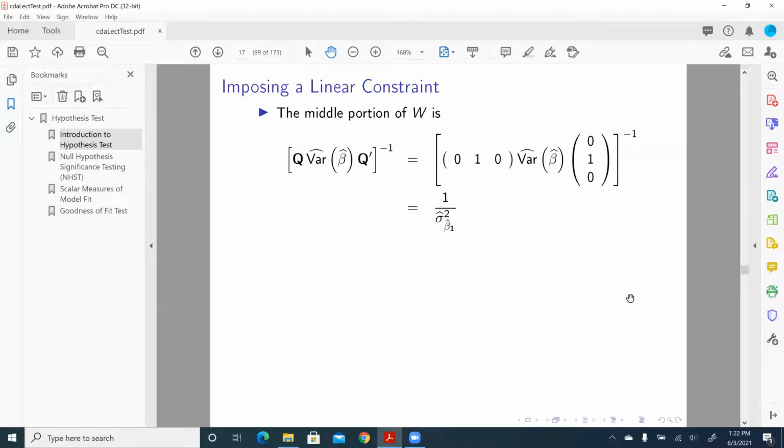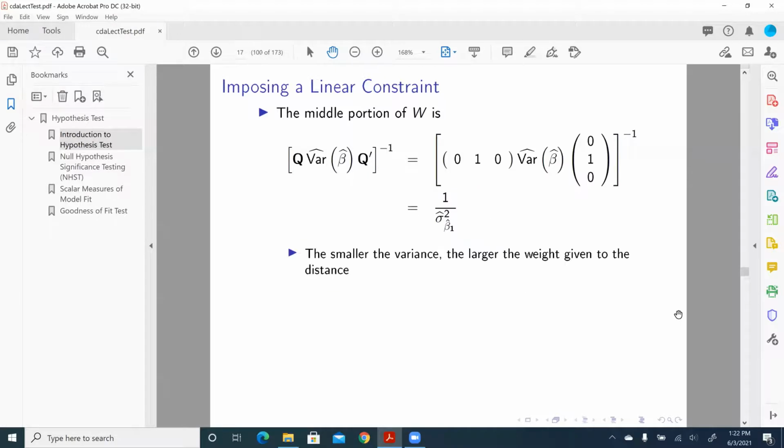And for a single parameter test, it collapses to 1 over σ̂² for β̂1, right? In general, the smaller the variance, the larger the weight given to the distance. That is, the faster the log likelihood function is changing around β̂1, the more significant β̂1 minus 0 is.